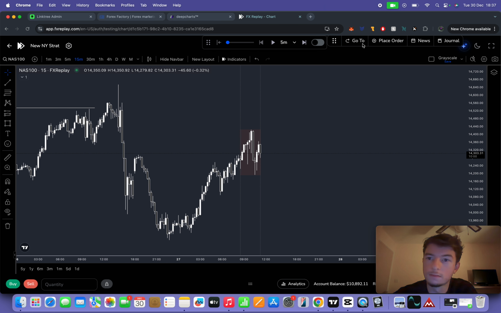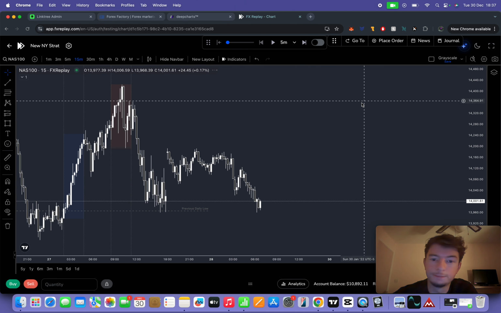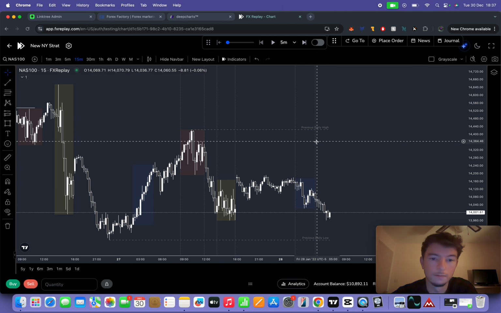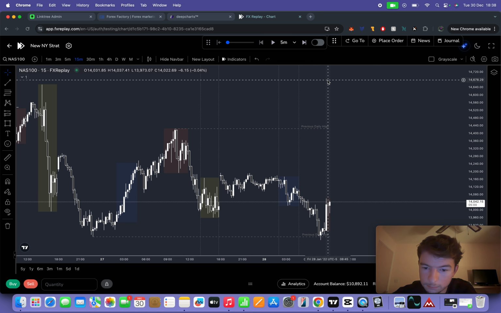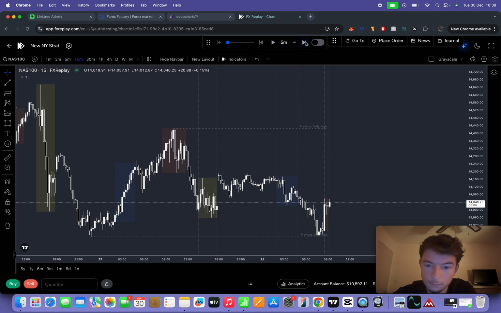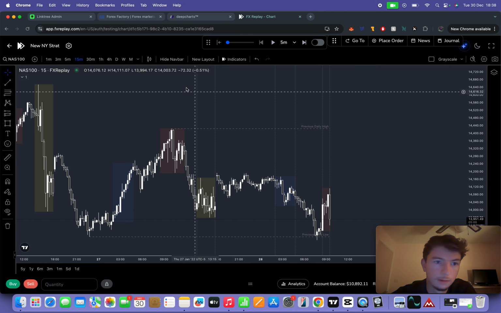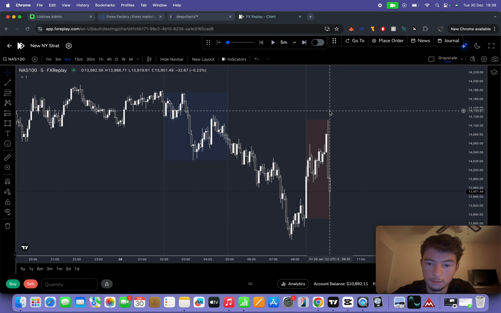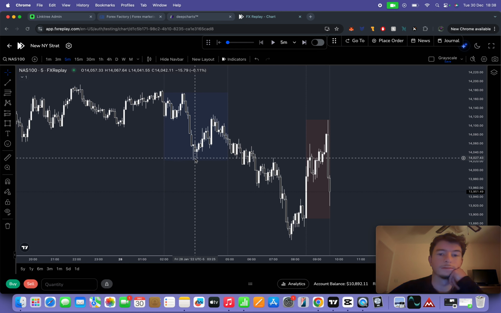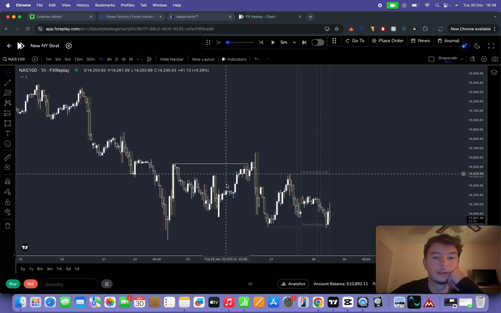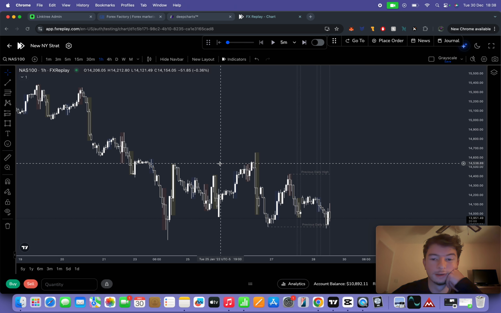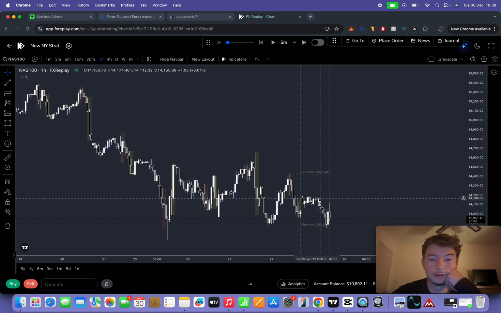So next session, just patiently waiting. Bump this forward a little. 15, 20, 25. Alright, so we're below the London low, higher time frame looking a bit more stagnant, but we do have these resting highs here.